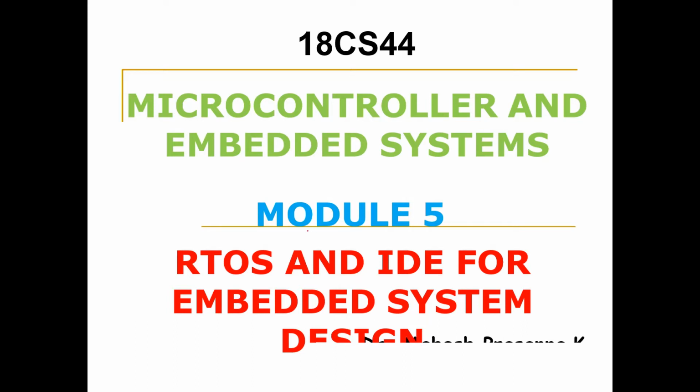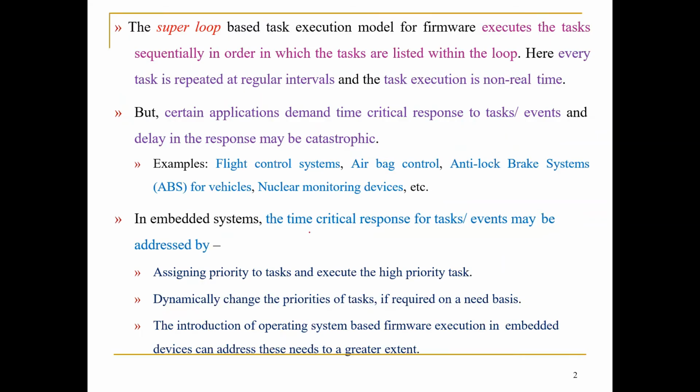So moving on to module 5, I can say this is a continued part of module 4. Starting with the continued part, you would be very well aware of the super loop based task execution model.